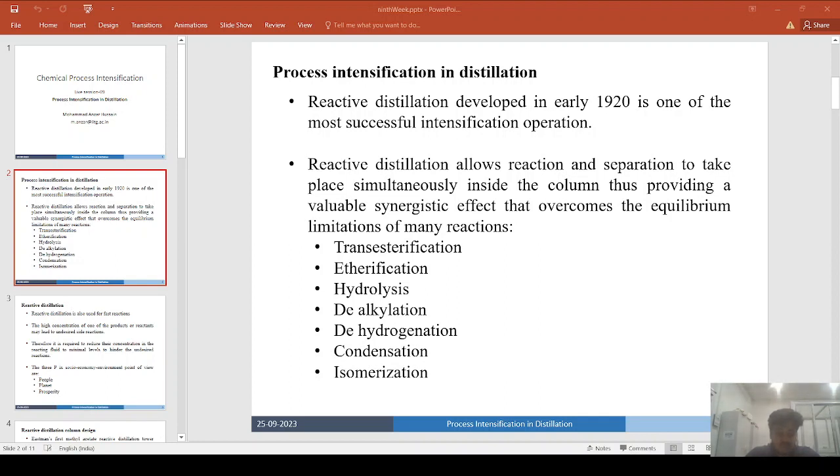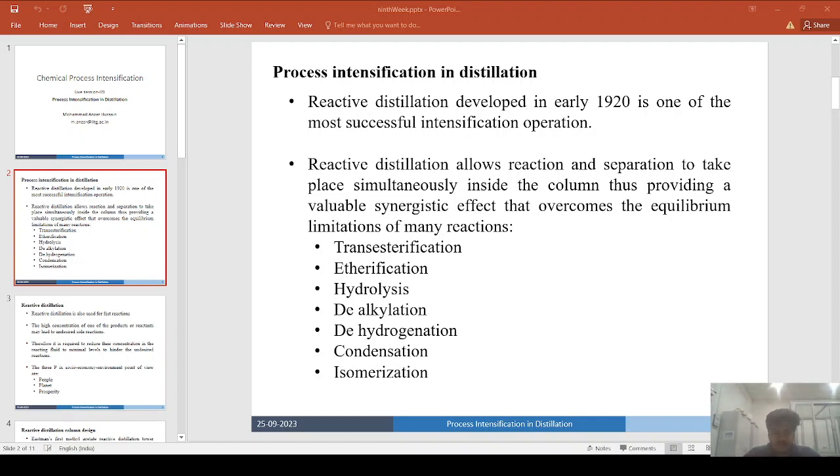So the technology still holds to this day and is still relevant. It was such a significant boost that no process intensification or innovation has yet come par with it, or can beat reactive distillation.